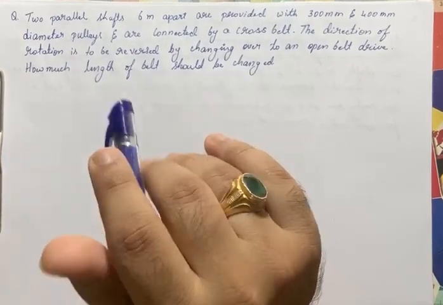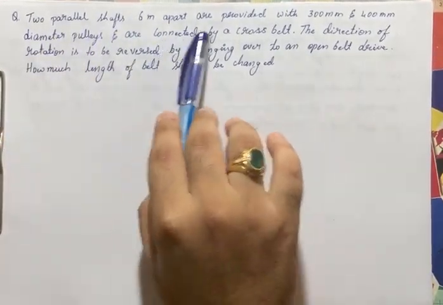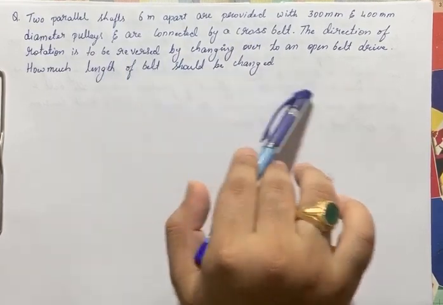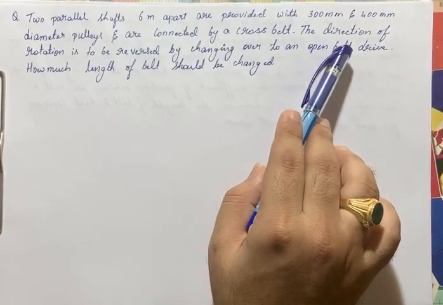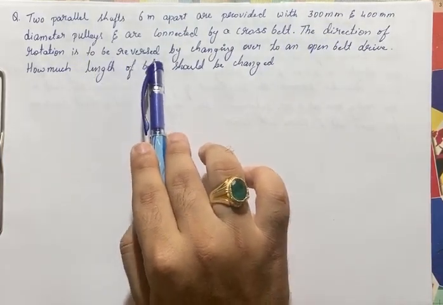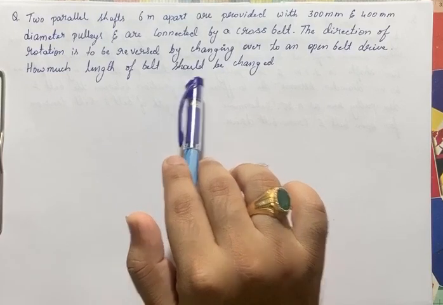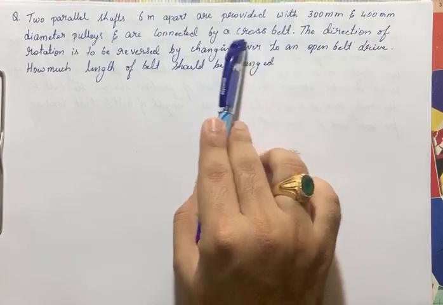Now what he has told, initially two parallel shafts are connected by the cross belt drive. After that, the direction of rotation is to be reversed. That means if the driver shaft is rotating in clockwise direction, the driven shaft will be rotating in anti-clockwise direction in a cross belt drive.